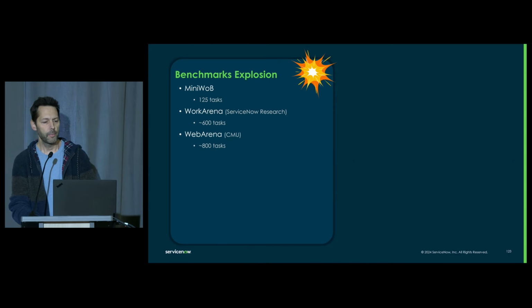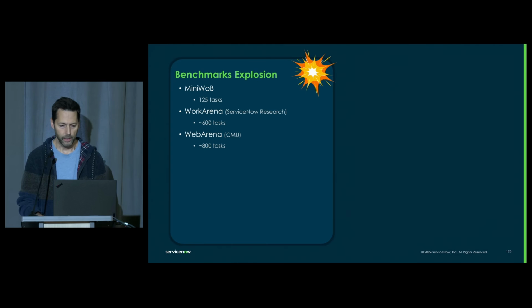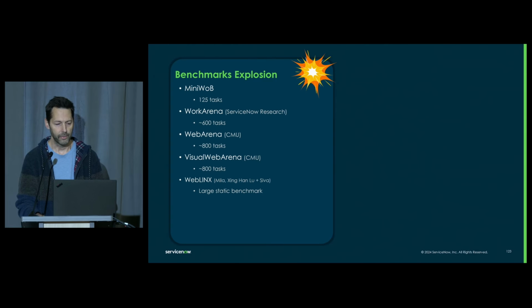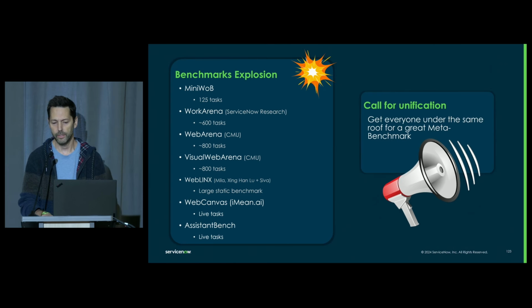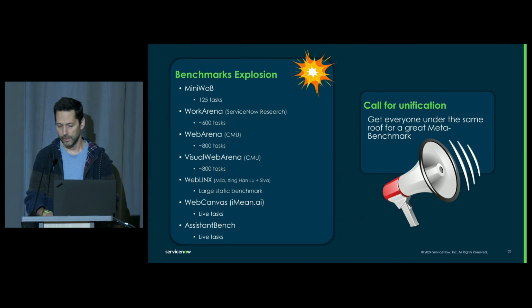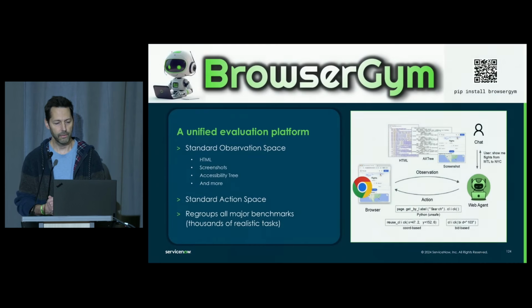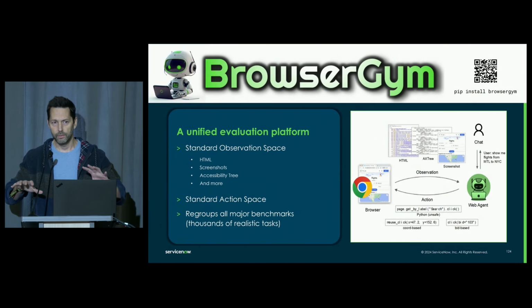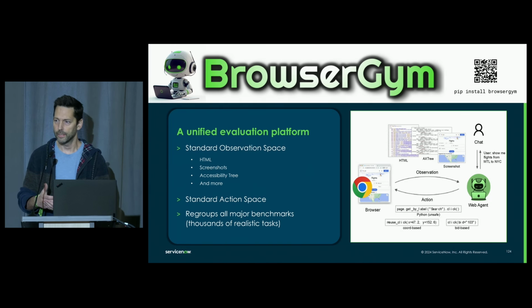So we talked about MiniWoB, Work Arena, and Web Arena, and there were other benchmarks: Visual Web Arena, WebLINX, WebCanvas, AssistantBench. All of these were really interesting. So we made a call for unification, and interestingly, many people responded, and we were able to gather a variety of benchmarks under the same roof called BrowserGym. This was meant to be a kind of collective work where we standardize the input and output.